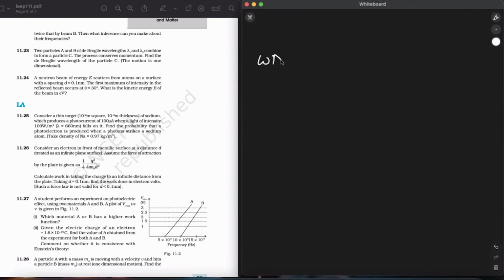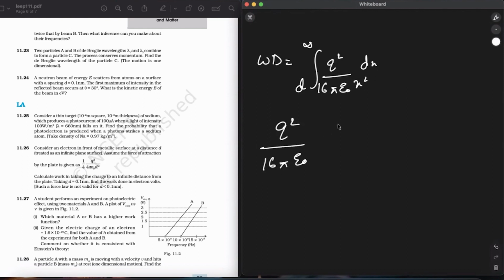So work done will be, from distance d to infinity, q square upon 16 pi epsilon naught x square dx. Okay. So taking the constants outside, q square upon 16 pi epsilon naught, integration from distance d to infinity of dx upon x square. Okay.